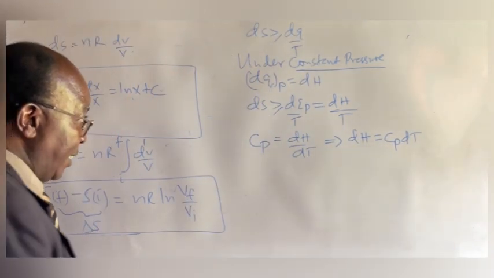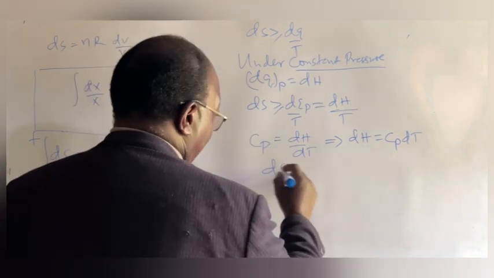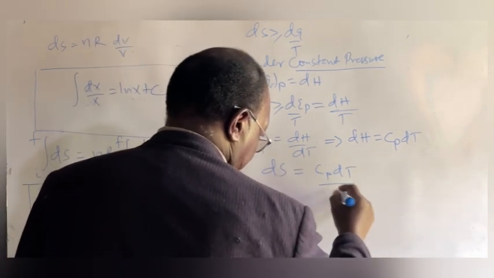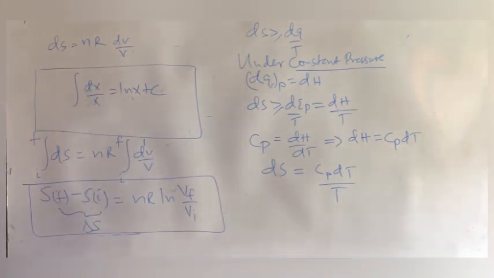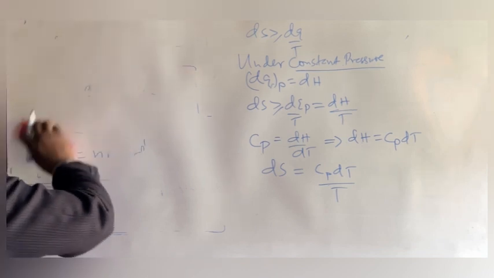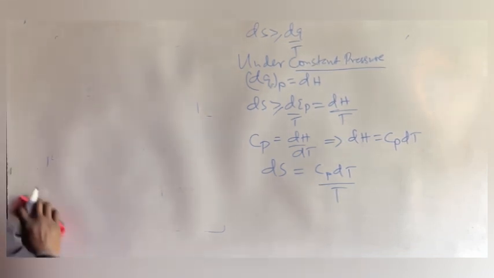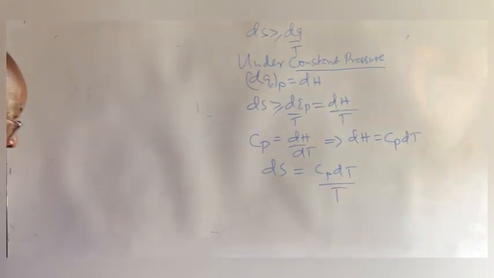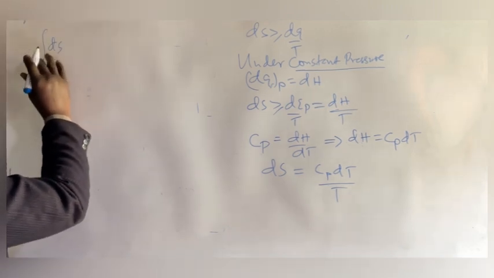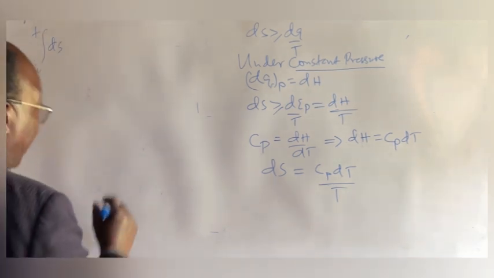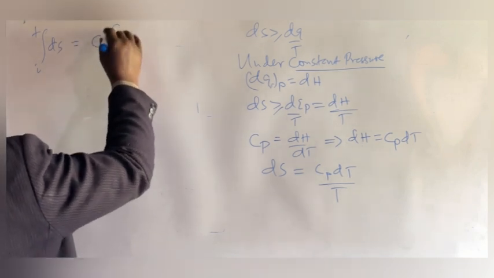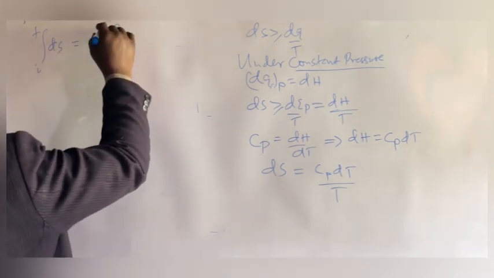If you plug it into the system there, we have dS equal to Cp dT over T. And if you integrate between some two temperature limits, some initial to some final temperature, then the integral of dS from the initial temperature value to the final temperature value will be the integral of Cp dT over T between the same limits.